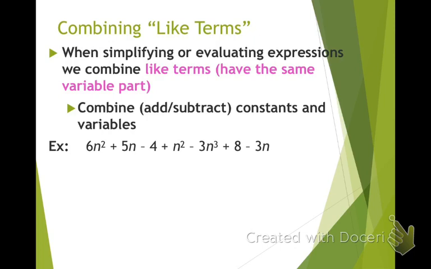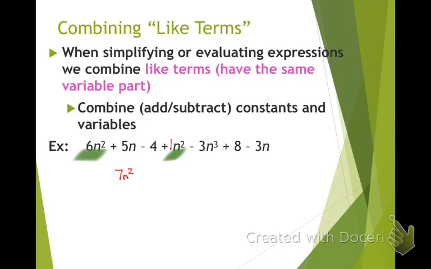So if I only have a variable that is the same, do I have another n squared somewhere? Yep. Here? Do I have any more? No. Again, like we talked about earlier, even though there's not a number there, what number is actually here? 1. So what's 6 plus 1? 7. So I have 7n squared.